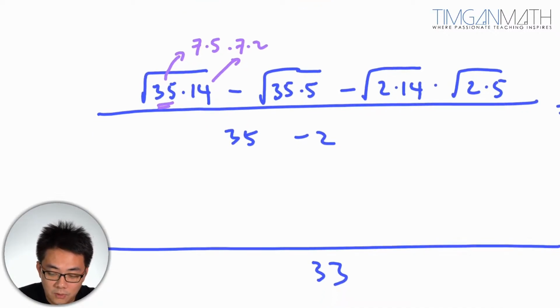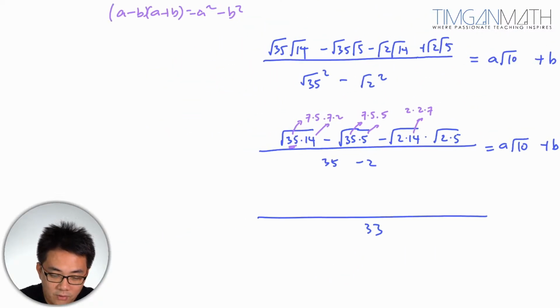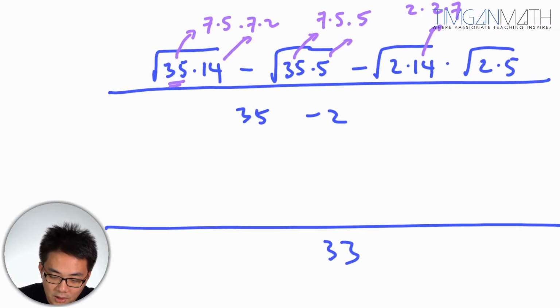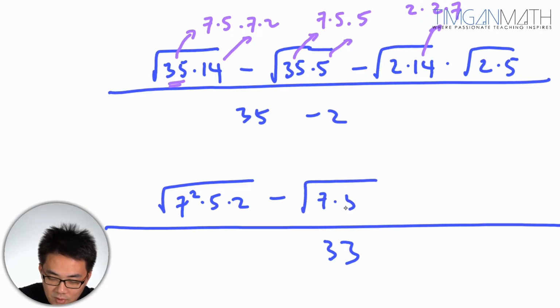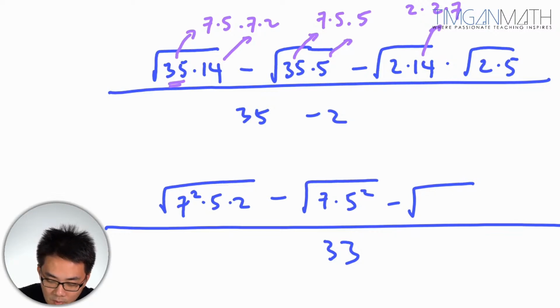So in other words, this would be 7 times 5, this will be times 5 here, and this would actually be 2 times 2 times 7. If you put it in the prime factorized form, I think it will be easier. This would be 7 squared times 5 times 2, minus 7 times 5 squared, minus 2 times 2 times 7, which is actually 2 squared times 7.